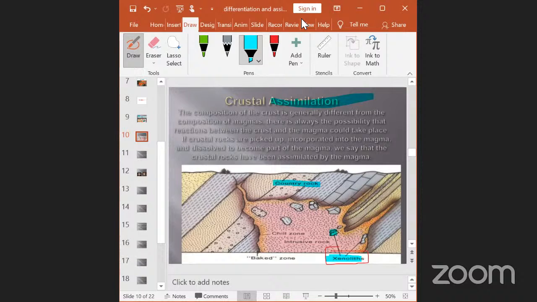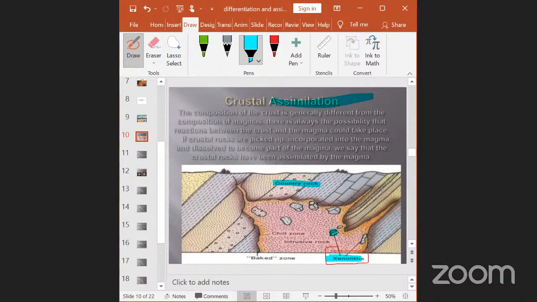So this combined process, what is that? Assimilation and fractional crystallization. This combined process is referred to as AFC, for assimilation fractional crystallization.